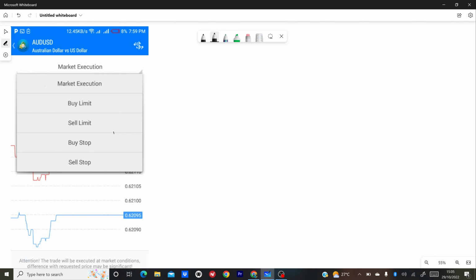Now what is the market order? A market order, for example, is where you click buy and then the market order starts instantly. Let's say you are dealing with the euro USD and the price is at 0.99600.